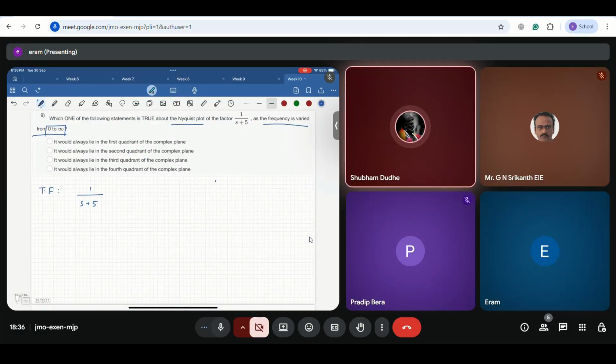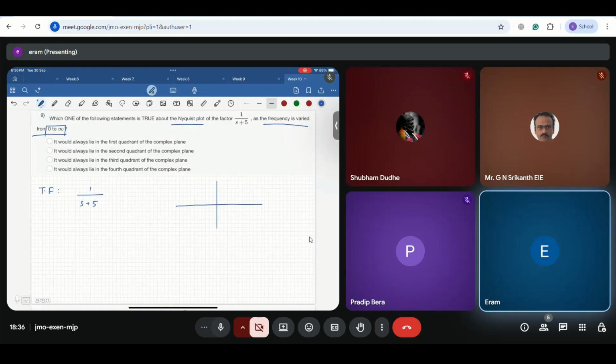It is a semicircle in the fourth quadrant. Here you have 0, here you have 1, and this frequency is 0 and this frequency is infinity. So by remembering, you can guess in what quadrant it will lie. It is the fourth quadrant.